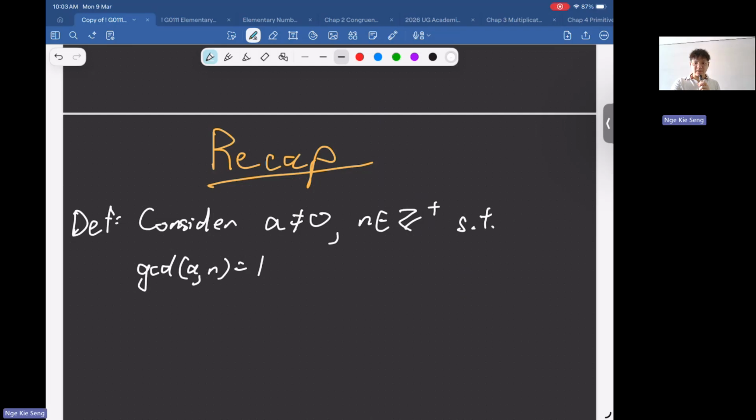Recall that this is a condition you need for your Euler's theorem. So let us define primitive root.